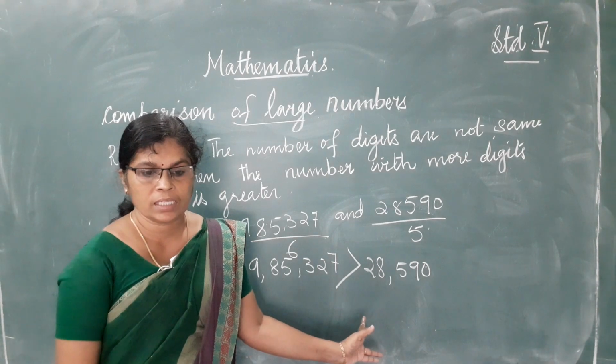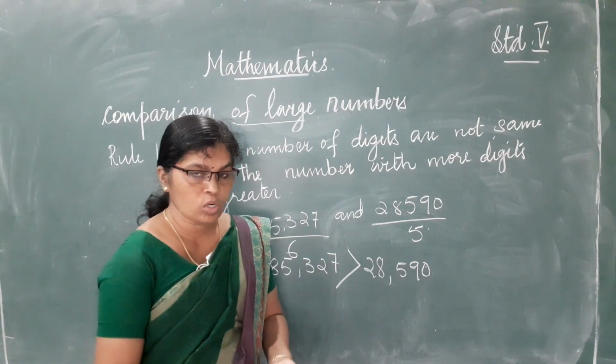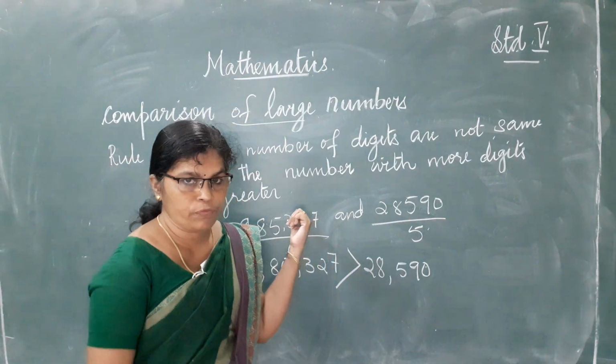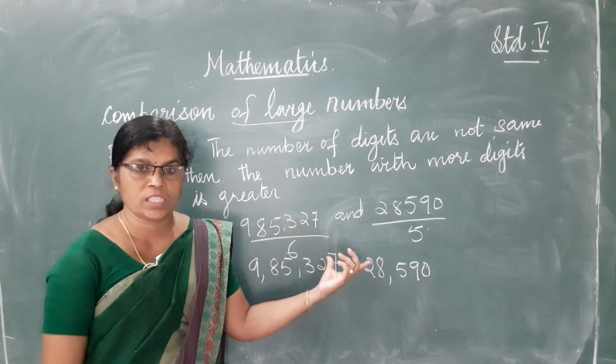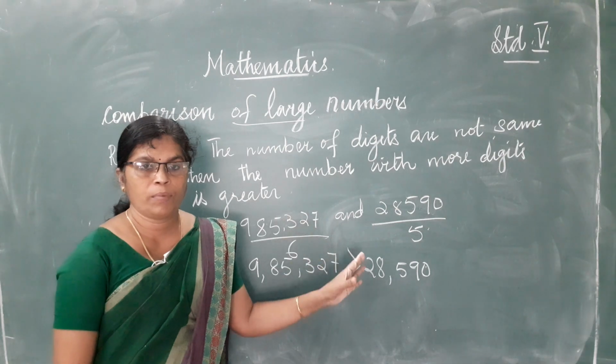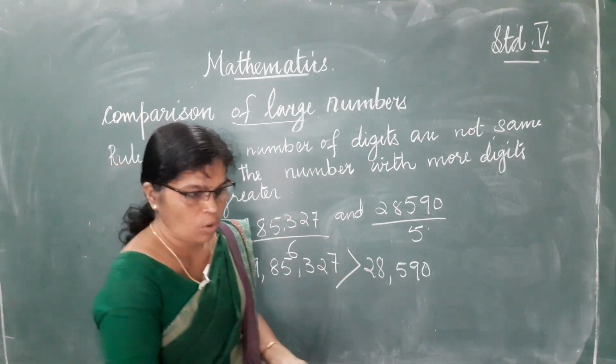So that is greater. This is rule 1. So what is rule 1? If the number of digits is not equal, the number with more digits is greater than the number with fewer digits. Okay.